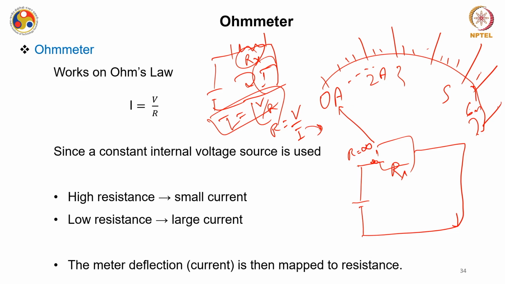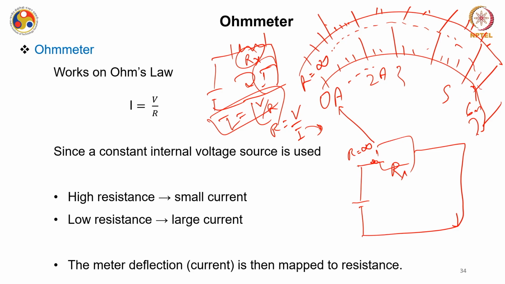So on this scale, if I just remove this and on top of it I want to plot a scale to show the resistance, what I will have is this R equal to infinite. Now it will decrease, and say at some point this current is very, very high.